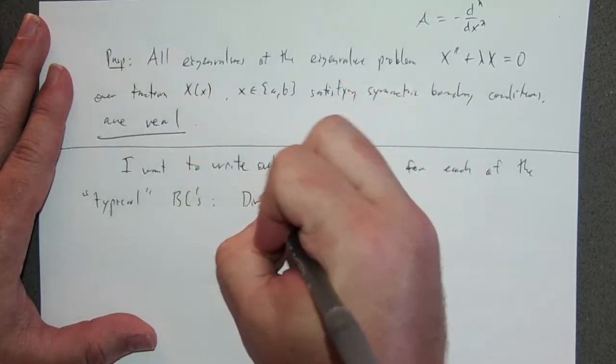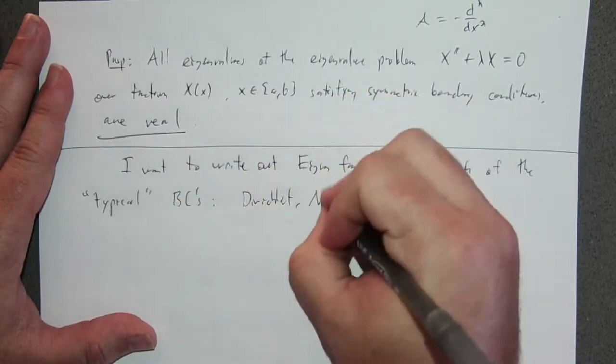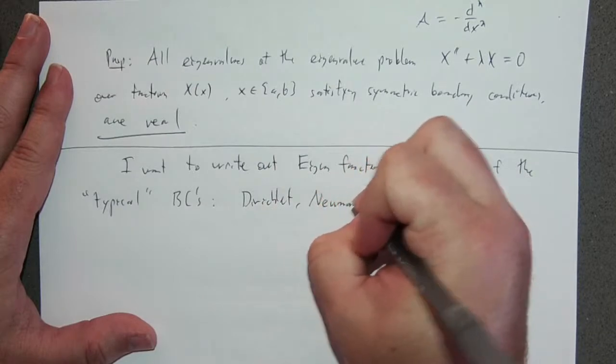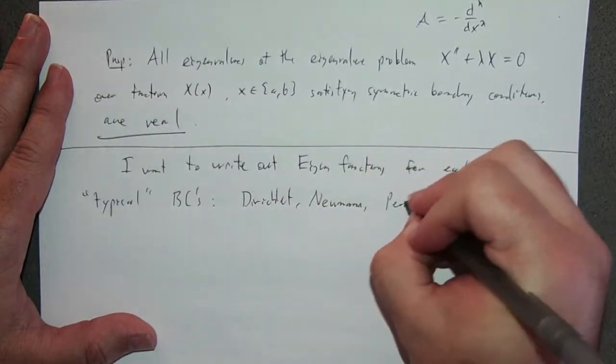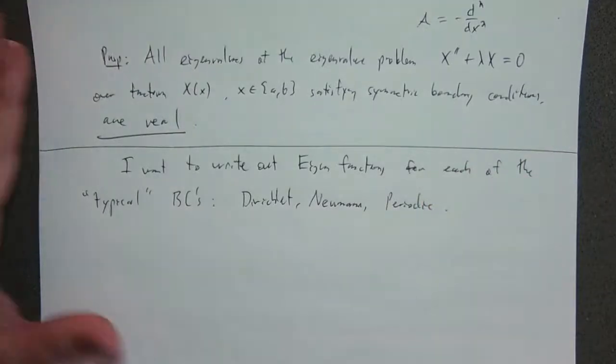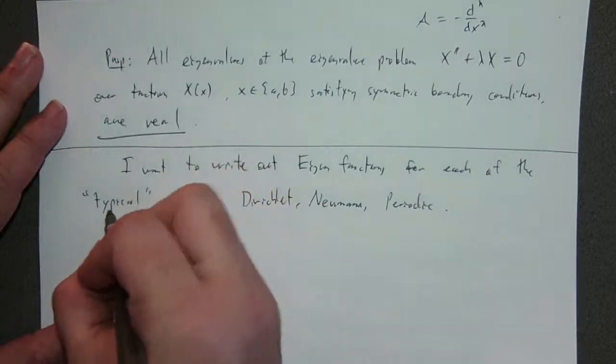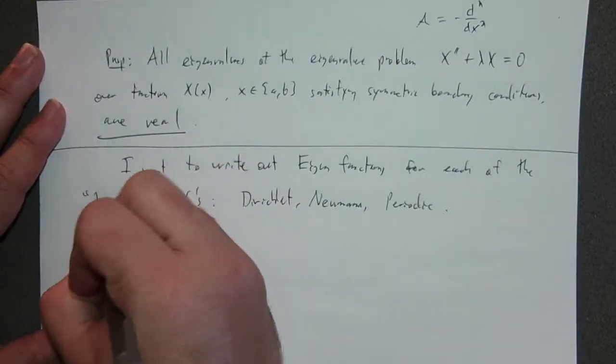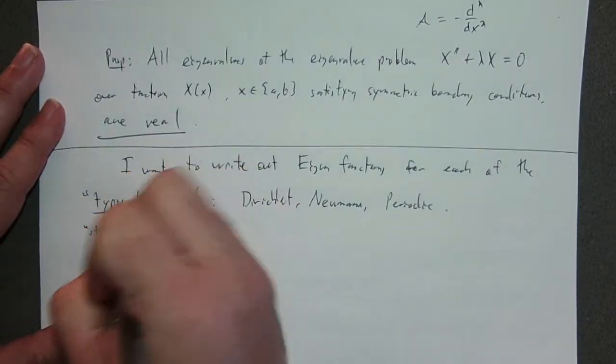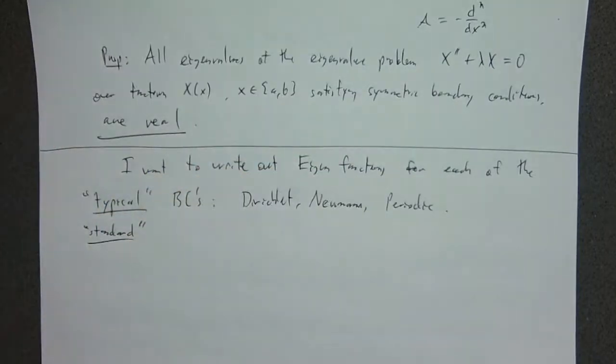So Dirichlet, Neumann, and periodic. And we'll throw mixed in there too. We'll call these typical or standard, if you like.